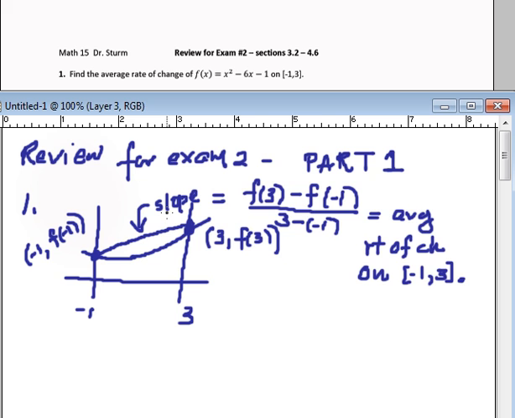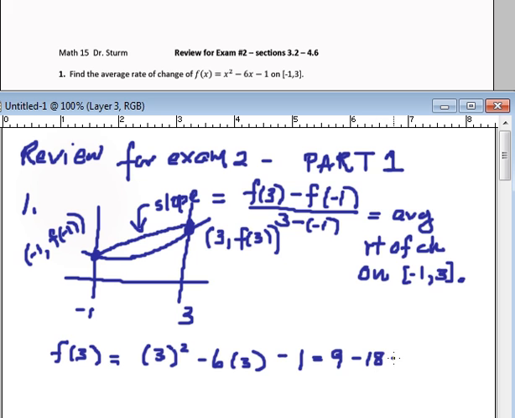Now the instantaneous rate of change at a particular point would be the slope of the tangent at that particular point. Alright, so the function that we're talking about is given here above, so we're going to calculate first f of 3. So f of 3 is 3 squared minus 6 times 3 minus 1, and that's equal to 9 minus 18 minus 1, so that's minus 9 minus 1 is minus 10.